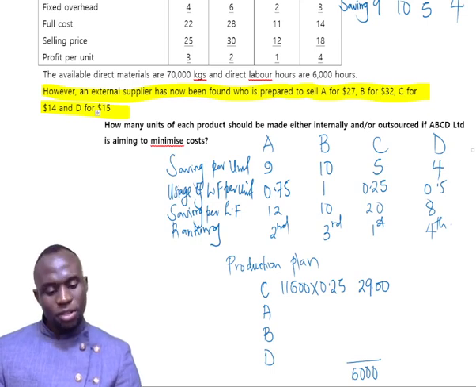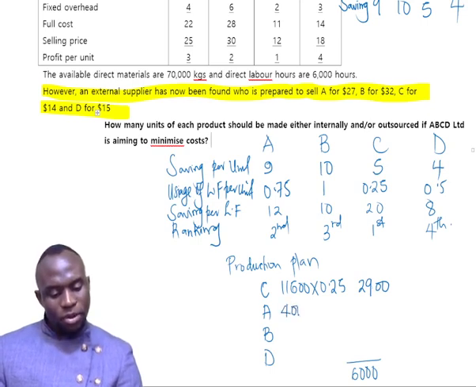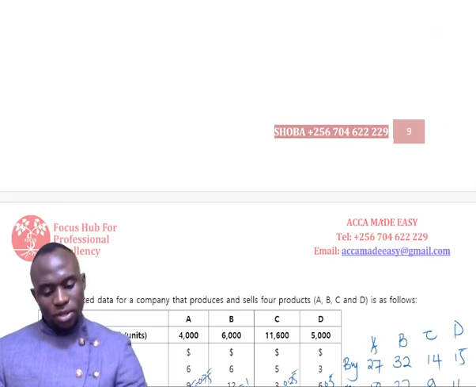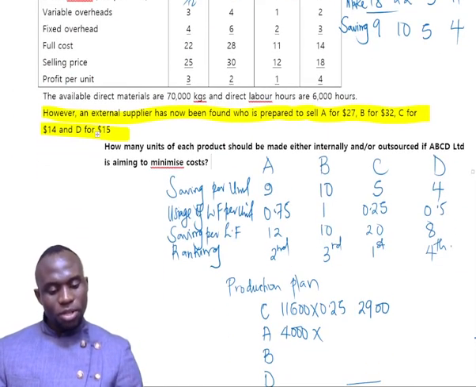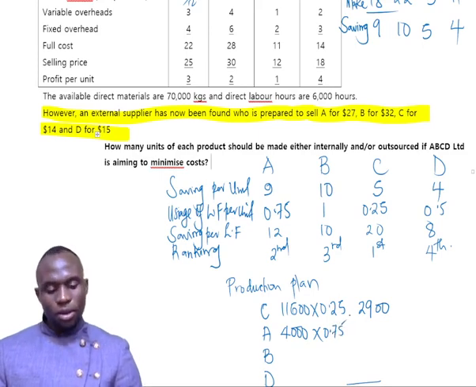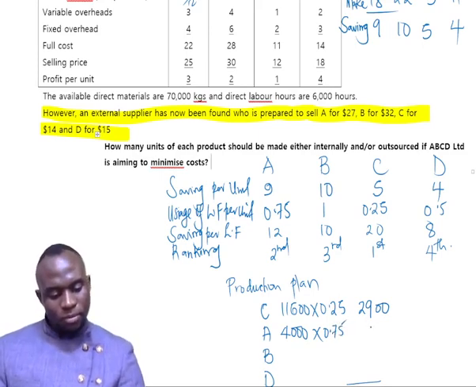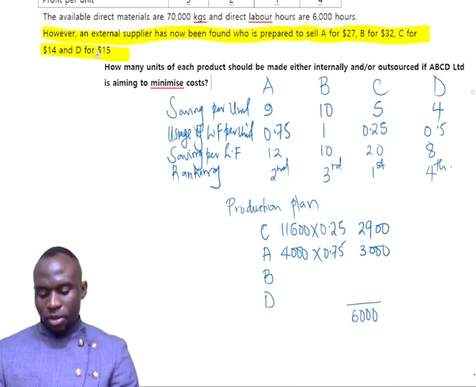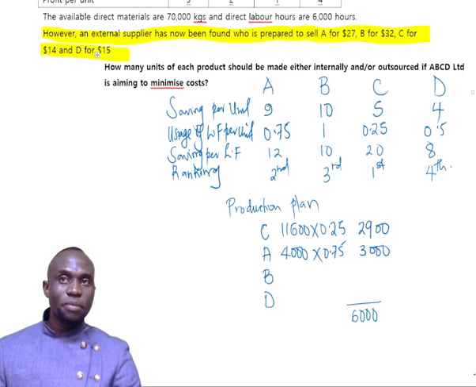Then for product A, it is 4,000 units, but each unit requires 0.75. And if we multiply, we get 3,000. Now you see how many more hours do we have? 2,900 plus 3,000, we get 5,900.